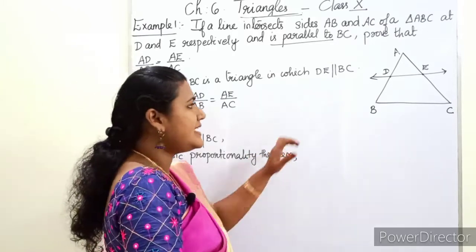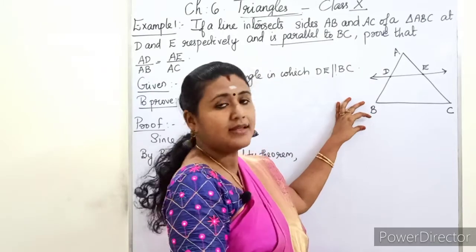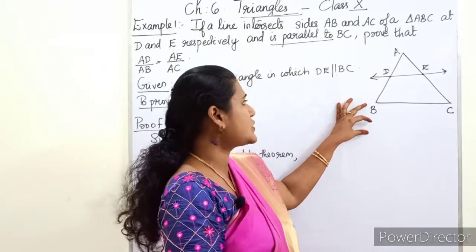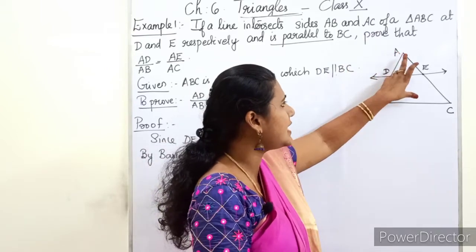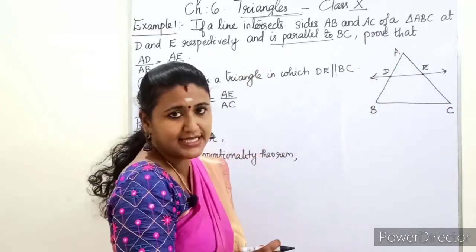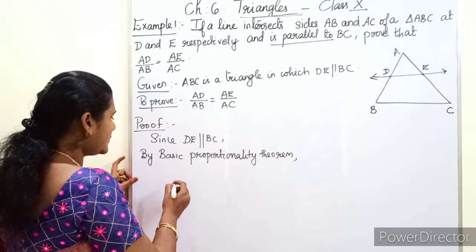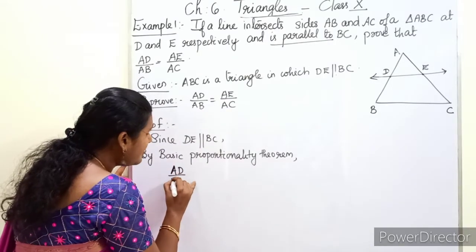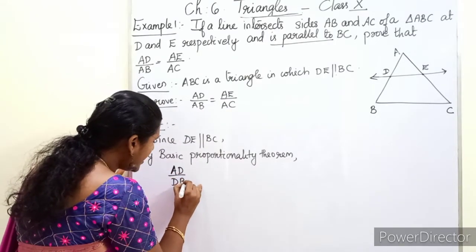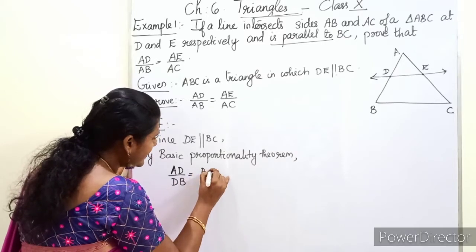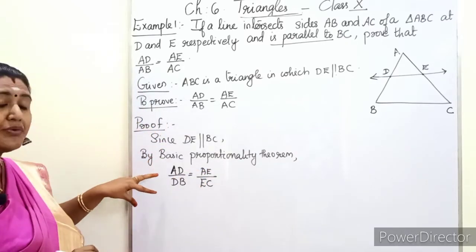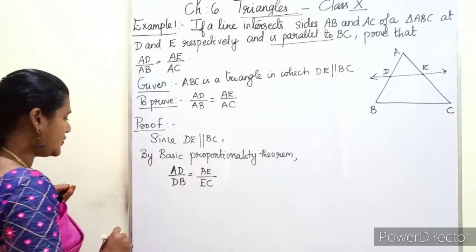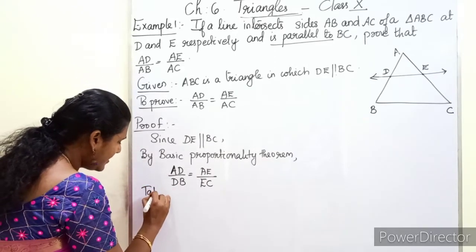If a line DE is parallel to BC, then according to the basic proportionality theorem, we can write AD by DB is equal to AE by EC. This condition we can write. So we can write AD by DB is equal to AE by EC. Now what we are going to do? We are going to take the reciprocal of this ratio. Taking reciprocal.